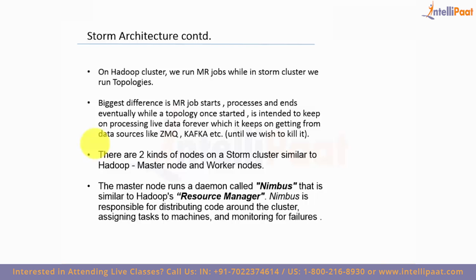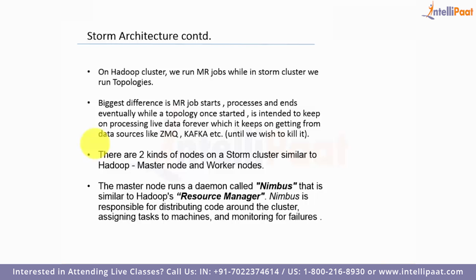On the other hand, a topology, once started, is intended to keep on processing the live data forever, which it keeps on getting from data sources like ZMQ or Kafka. The only situation where we can see a topology being terminated is either we kill it manually or it is disturbed or killed due to some system issues.